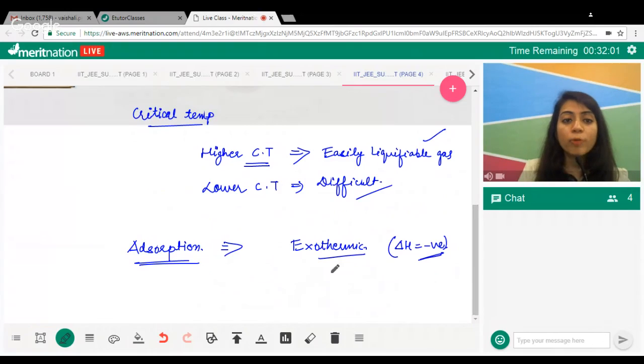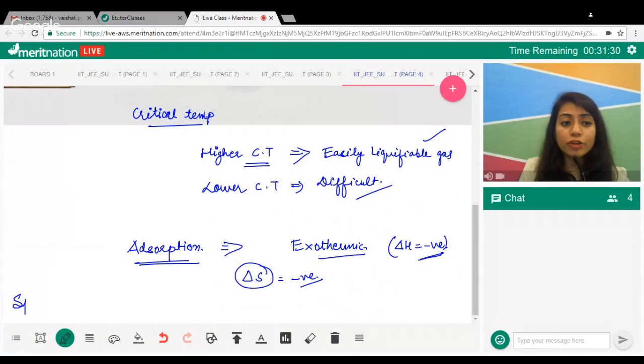And when we talk about delta S, is there a decrease or an increase in entropy? During adsorption, a substance is getting adsorbed on the surface of the adsorbent. So what is basically happening here? The randomness of the substance is decreasing. So delta S is going to be negative in this case.